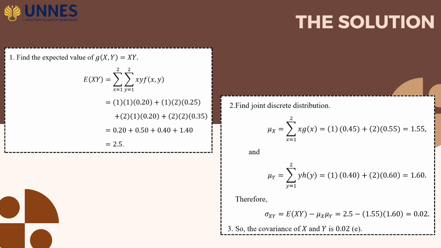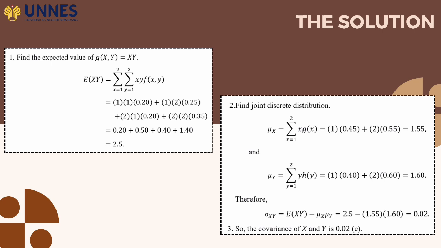So how to calculate the covariance of the random variables X and Y? First we must find the expected value of g(x,y) equal xy. So here we have E[XY] equal sum x equal 1 until 2, sum y equal 1 until 2, of xy f(x,y).